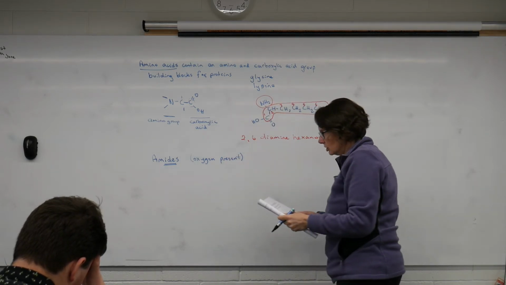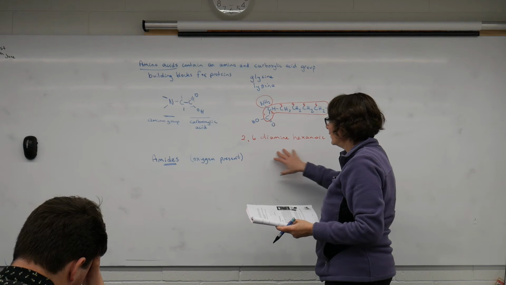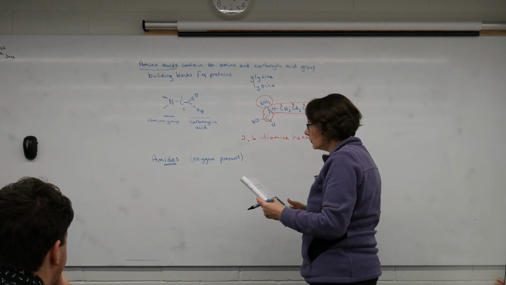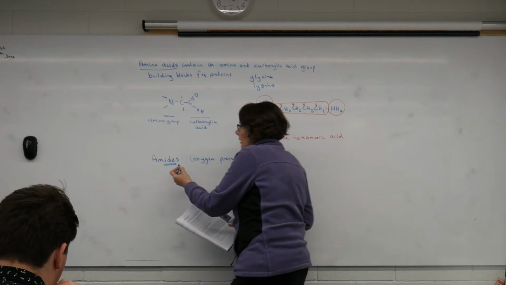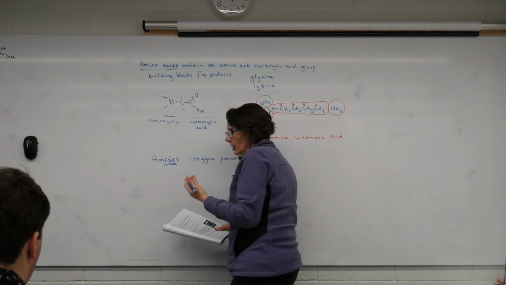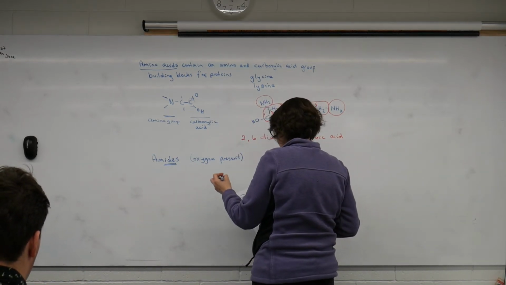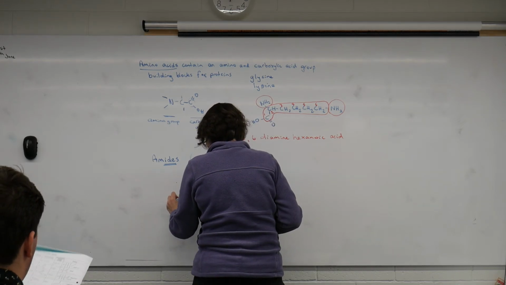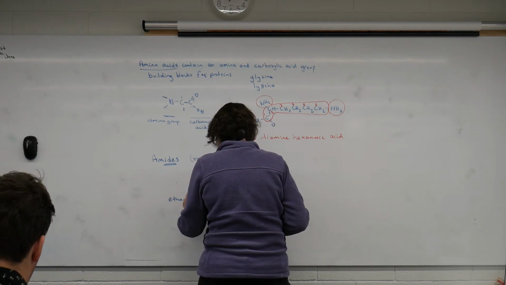And just like we had before, if all that we have present is the amino group, then that would be at the end of the molecule. We're going to name our amides by ending in amide. And we have an example of ethanamide.